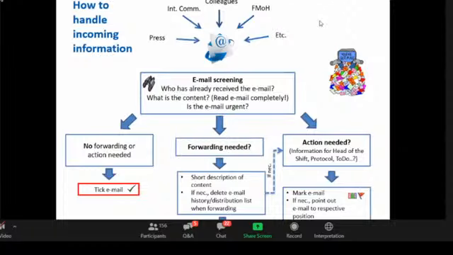And sometimes an action is needed. For example, it's information for the head of the shift, or maybe something we have to put in our situation protocol, or for the person who's doing the to-dos.